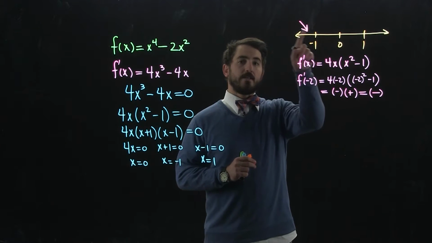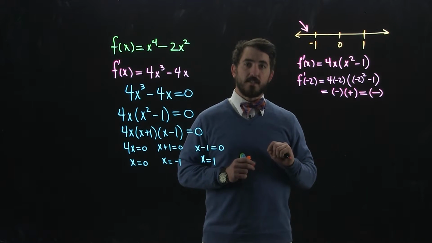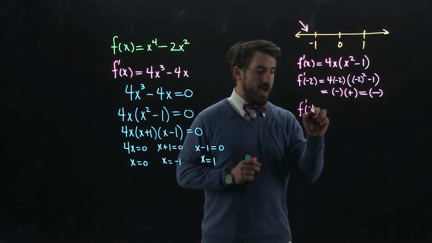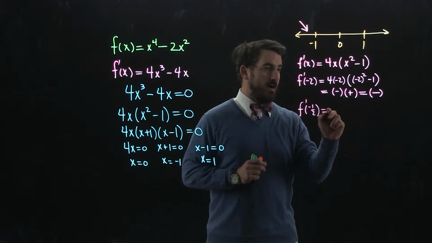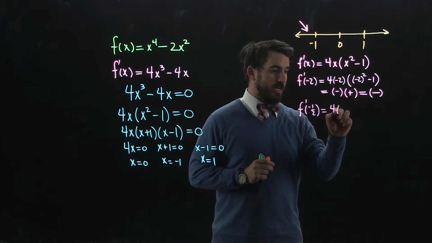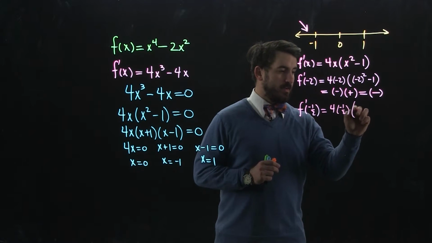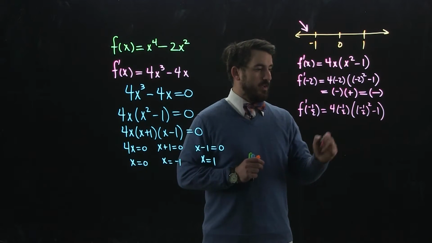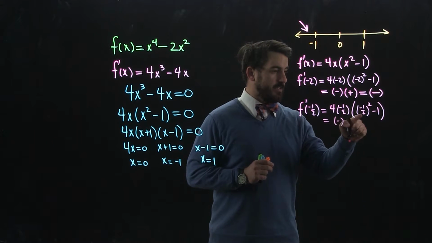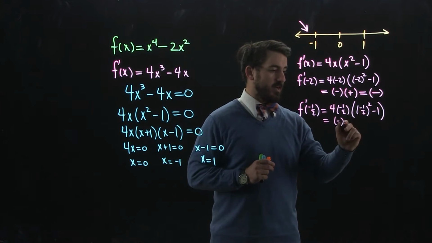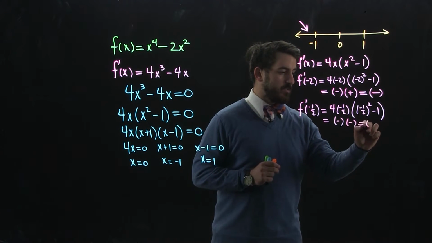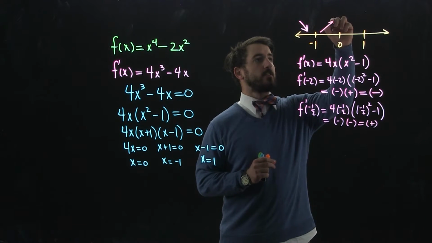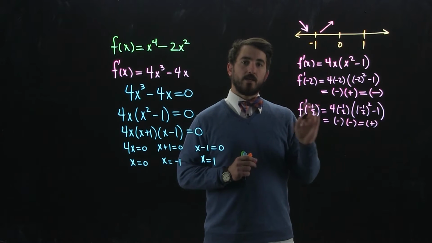From -infinity to -1, this function is decreasing. At f prime of -1/2, we have 4 times -1/2 times -1/2 squared minus 1. So that's going to be a negative times a negative, which makes this positive. So the function is increasing from -1 to 0.